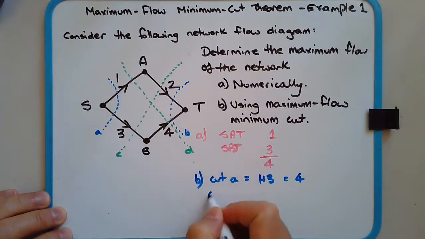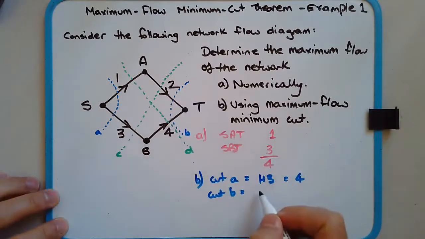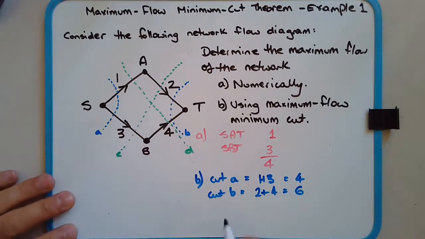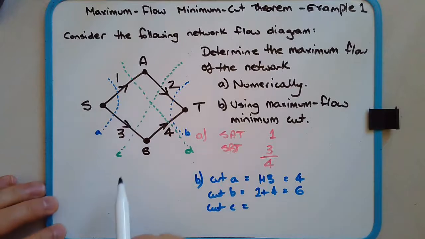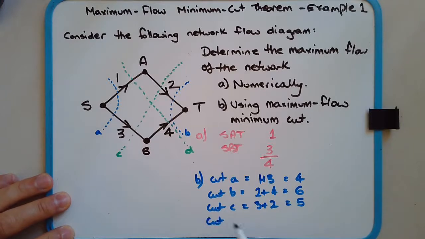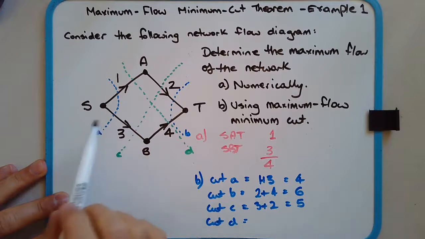which equals 4. Cut B, okay, we've got 2 plus 4, which equals 6. Likewise, we've got cut C. Okay, you've got 3 plus 2. That's equal to 5. And cut D. Okay, and cut D is, where is it?